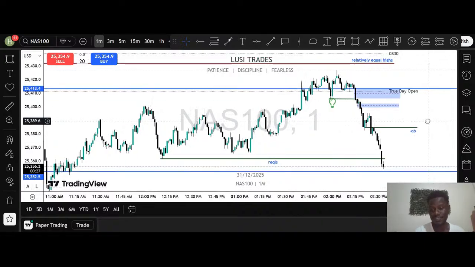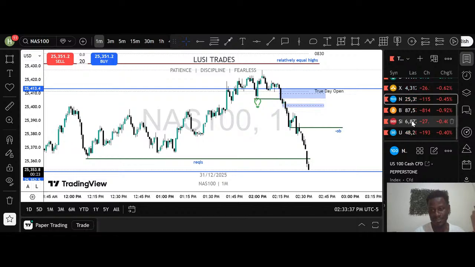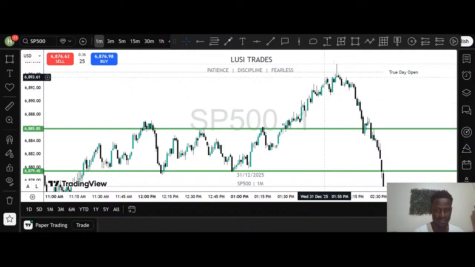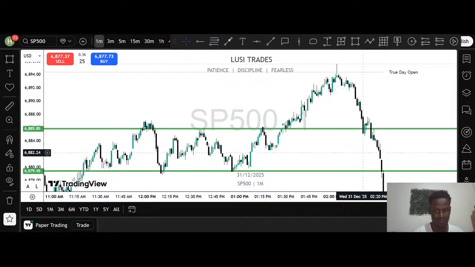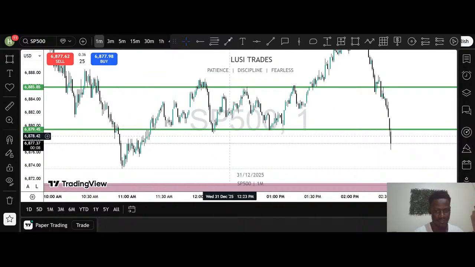Let's look at the sister ES, or S&P 500. Same thing: low, high, higher high, speed, distance, fair value gap, boom. Just rolling lower nicely. Relatively equal lows here.